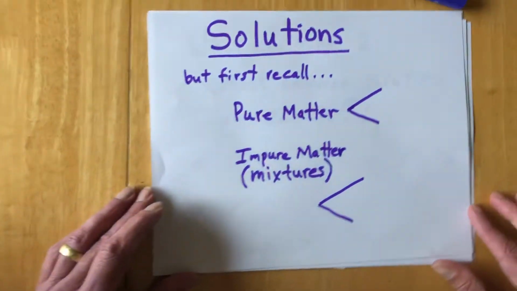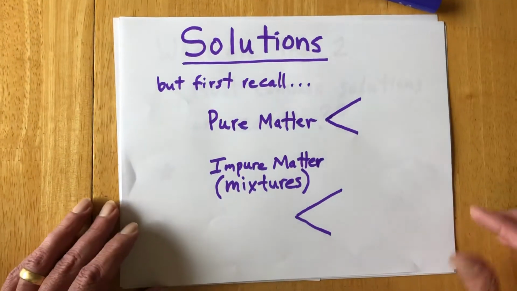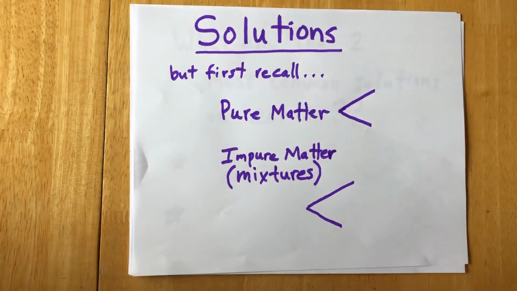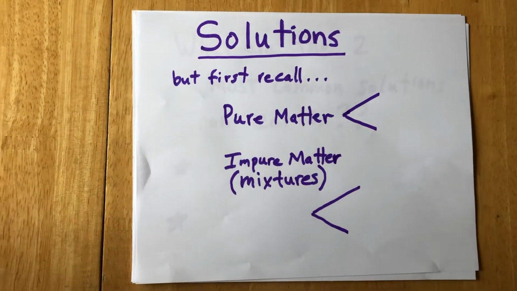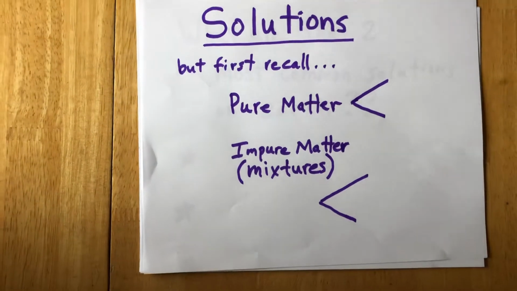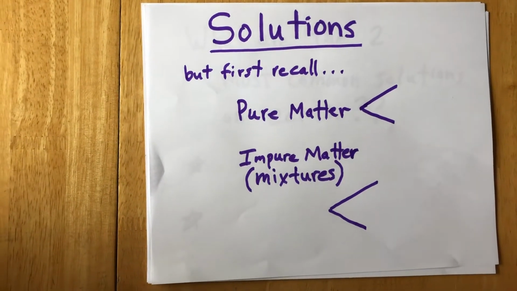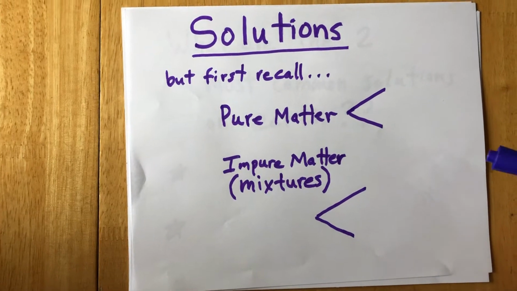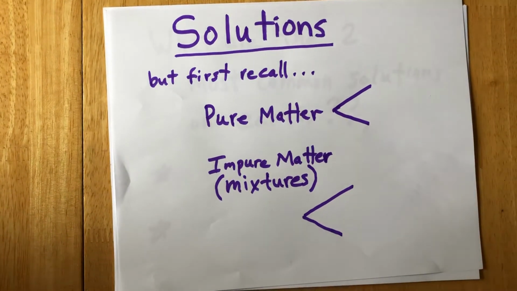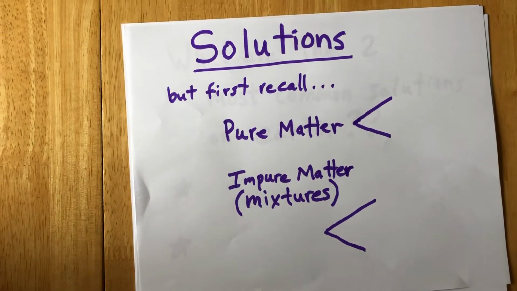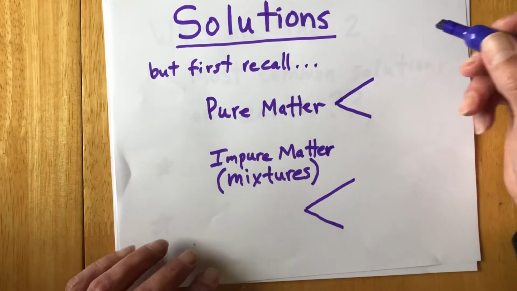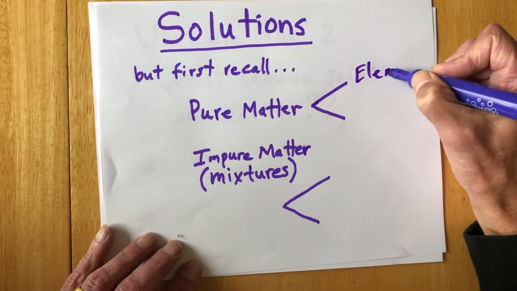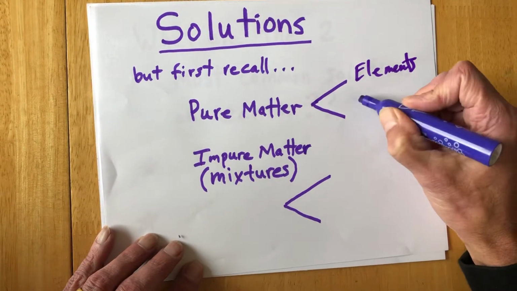So, studying solutions. Now that's a word I may have mentioned a while ago, but I'd like to go way back to the beginning of the year when we talked about matter, and that there are two types of matter. There's pure matter and impure matter. Pure matter would be elements and compounds.